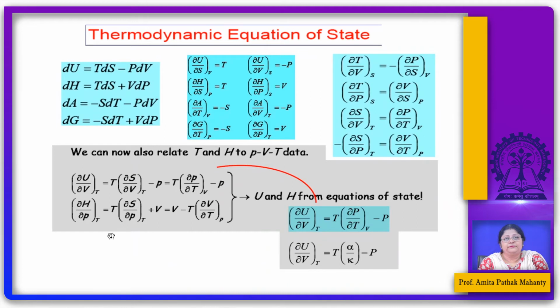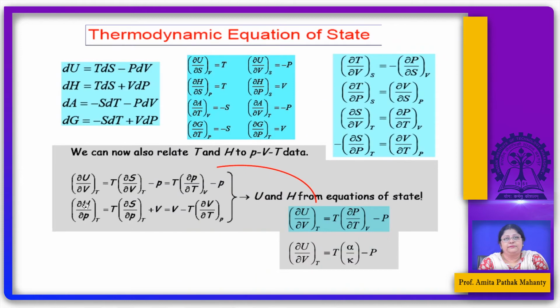If you remember, I had taken two terms for an ideal gas to be zero. What was that? For an ideal gas, the change of U with volume at constant temperature was supposed to be zero, right?